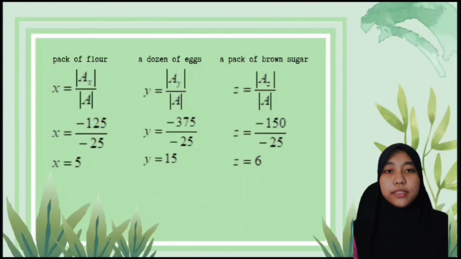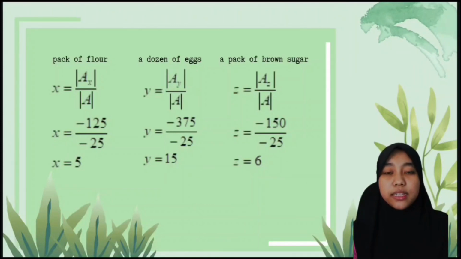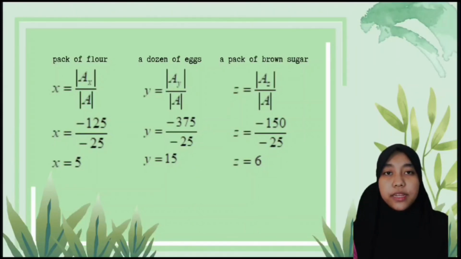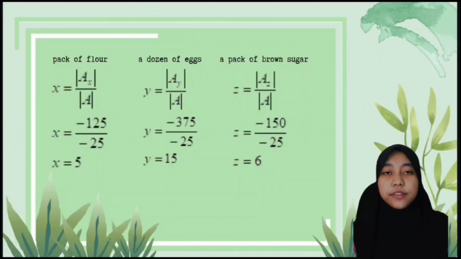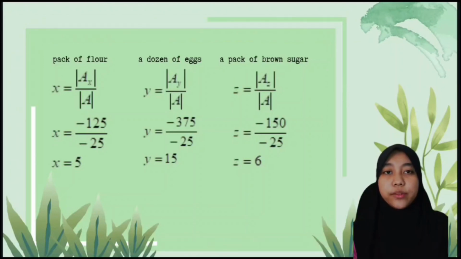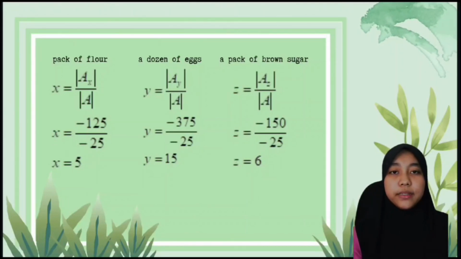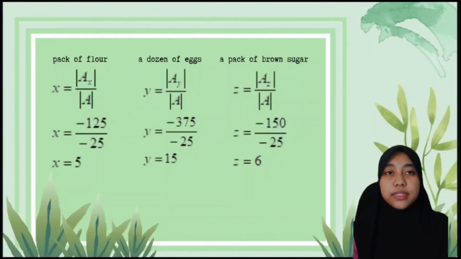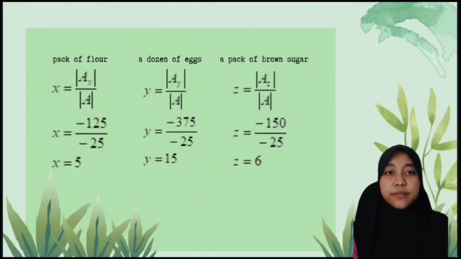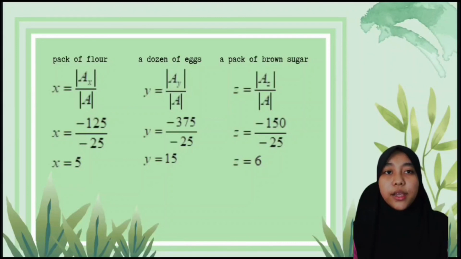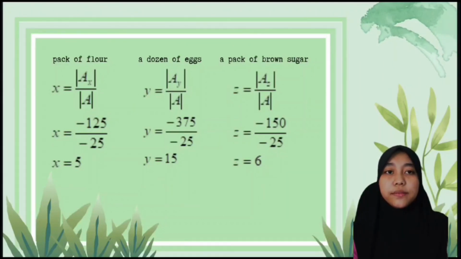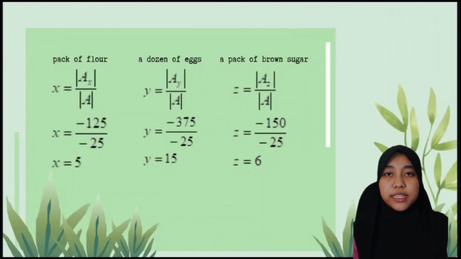For a dozen of eggs, it is determinant of y divided by determinant of A, which is negative 375 divided by negative 25, equivalent to 15. And last one, a pack of brown sugar is determinant of z divided by determinant of A, which is negative 150 divided by negative 25, equivalent to 6.